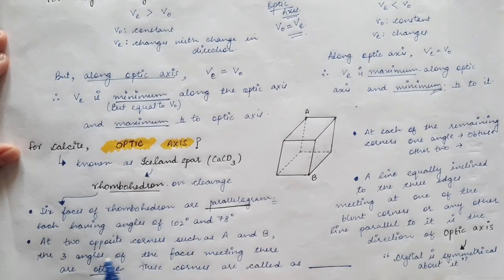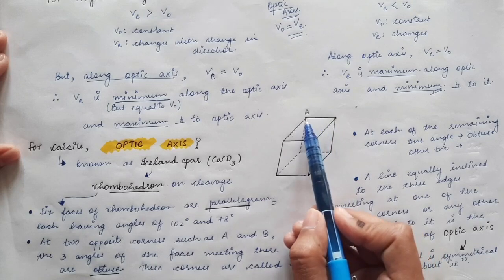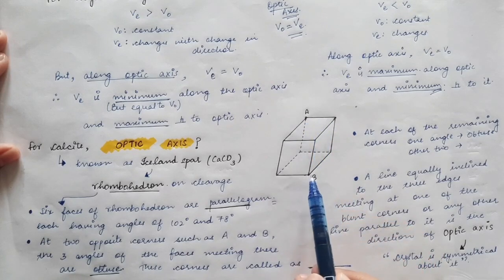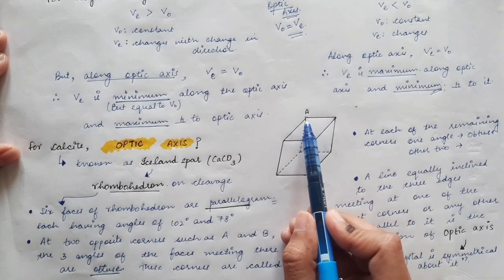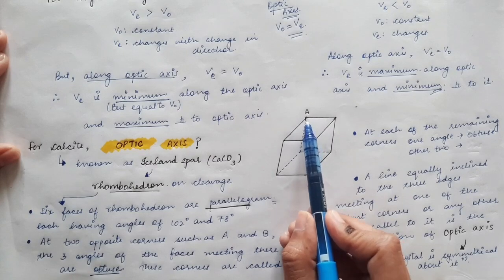Now consider the two opposite corners of this calcite crystal, this corner as well as this corner. At this corner, there will be 3 angles because there are 3 planes touching this corner.